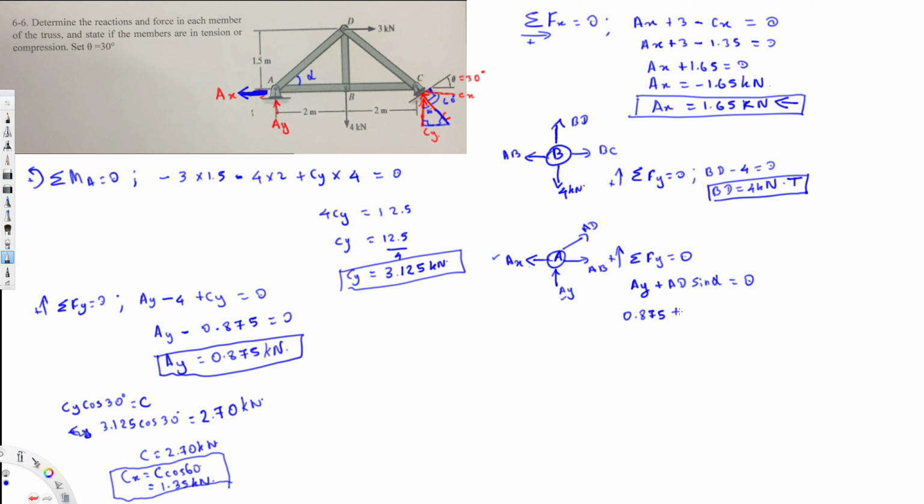and for AD sine alpha, to get sine alpha I can use opposite over hypotenuse. We know opposite is 1.5. We can find the hypotenuse using the Pythagorean theorem. So it's going to be the square root of 2 squared plus 1.5 squared. So this is going to be my hypotenuse.